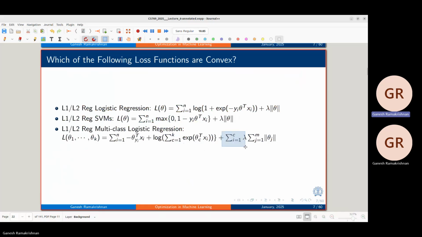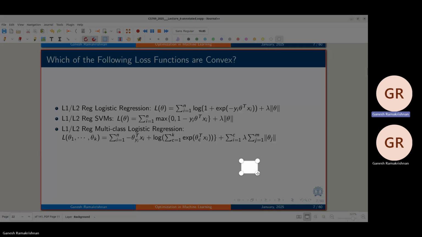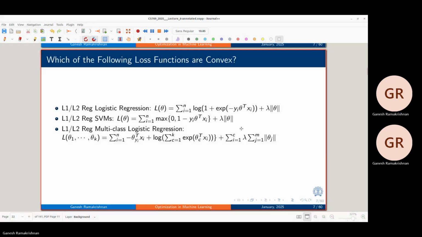This is not supposed to be there. Okay, let me hide this. Sorry, this should not be there. I will hide this. Is that okay?